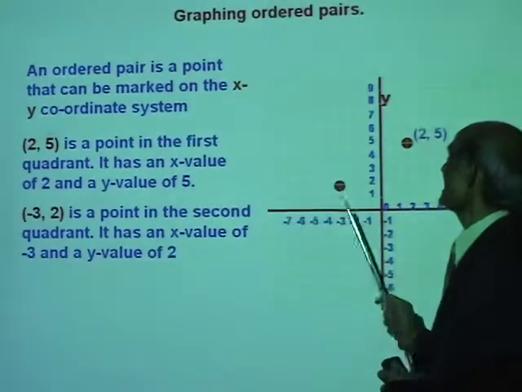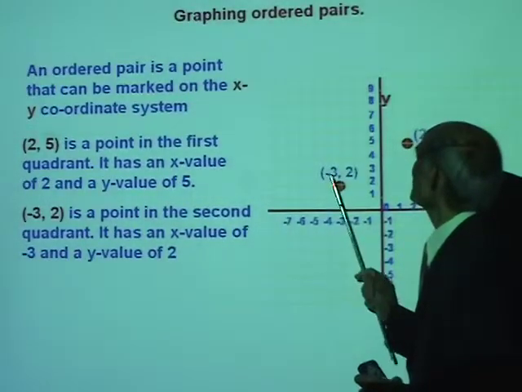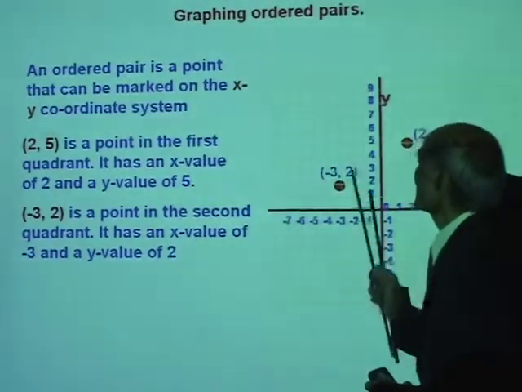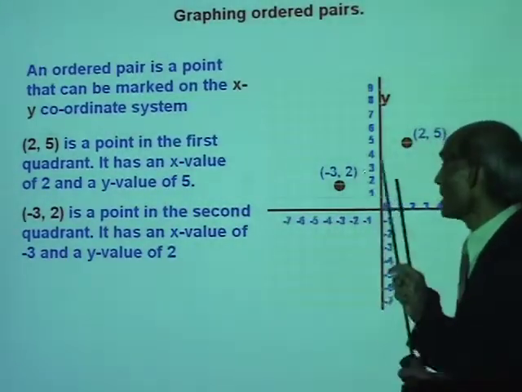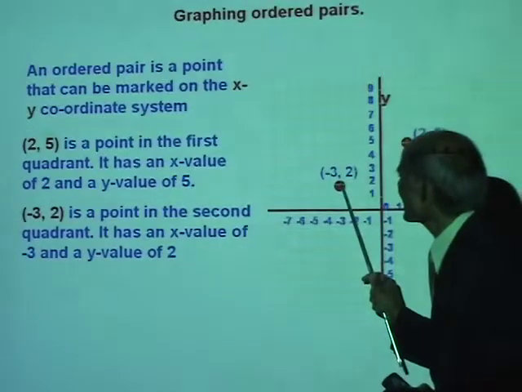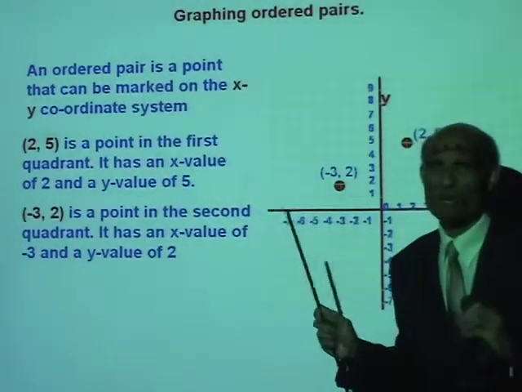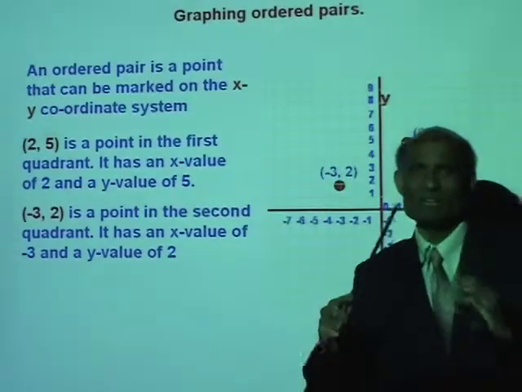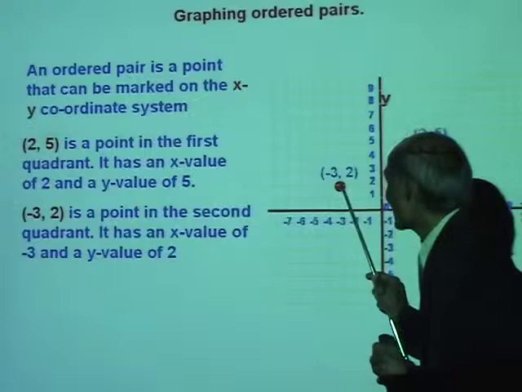And that is X equal to negative 3, Y equal to 2, or the ordered pair negative 3, 2, marked like that. Now, you must notice that I cannot mark these points exactly at the center where I want, because the computer doesn't let me do that. So remember that this is supposed to sit at that intersection.